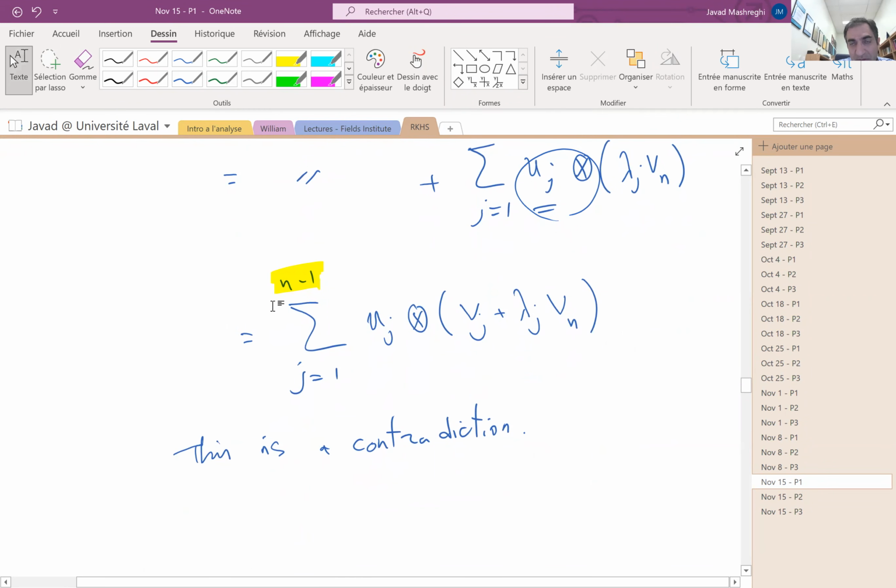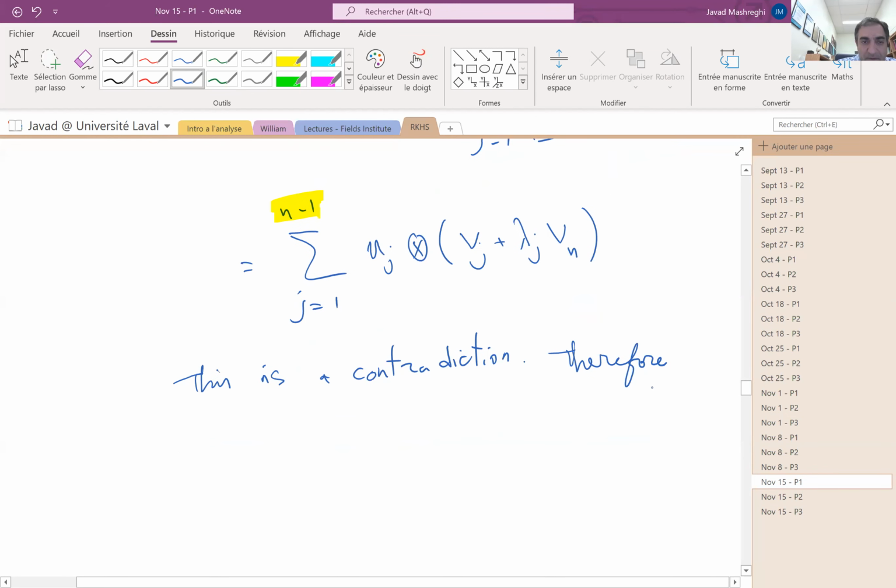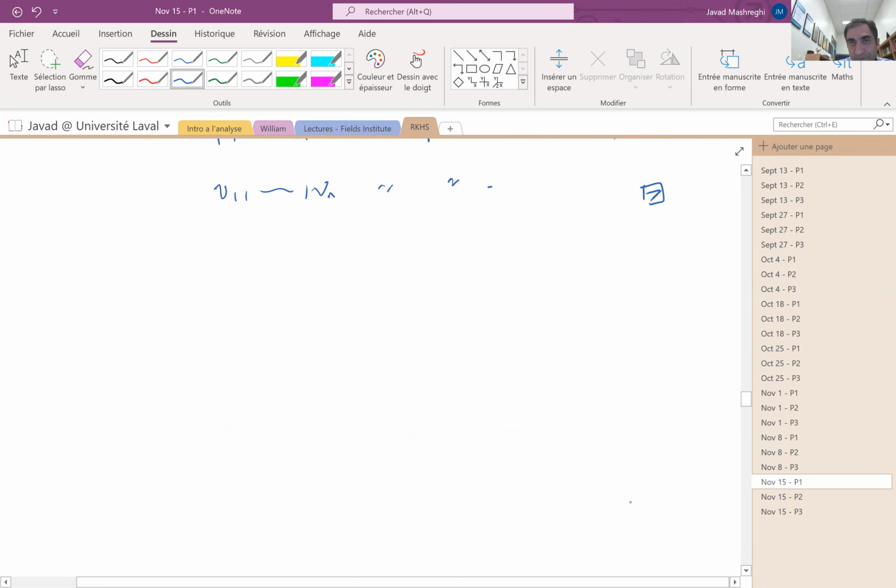Therefore, u1 up to un are independent. By the same strategy, similarly, v1 up to vn are also independent. That's the end of the proof.